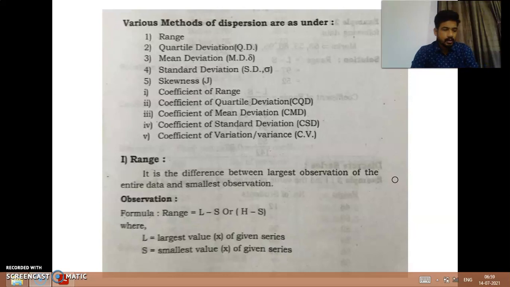variation. So in this unit about dispersion, these are the various methods of dispersion that are part of our syllabus. As our practice in offline classes or in online classes, we generally cover each and every method of dispersion, right from range to skewness and the coefficient of range to coefficient of variance.